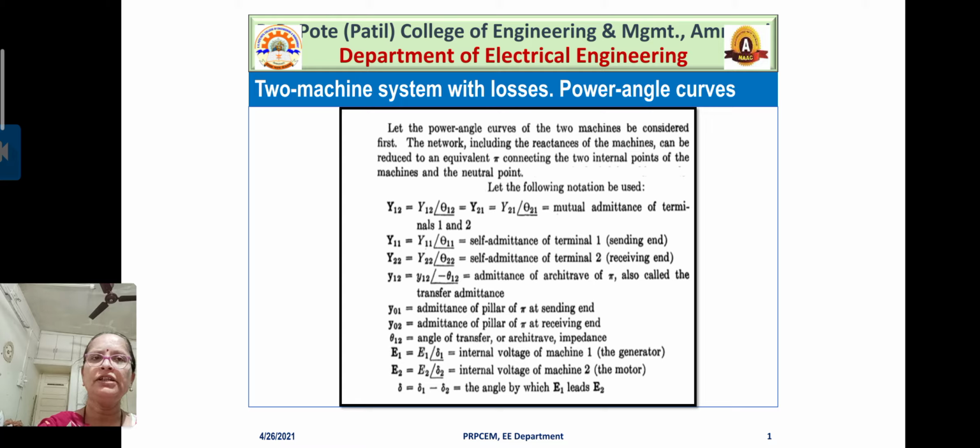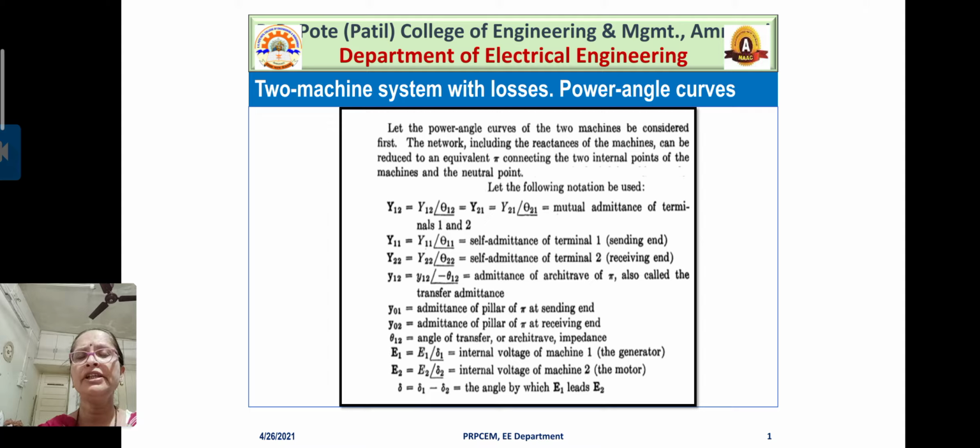Let the power angle curves of the two machine system be considered first. The network including the reactances of the machines can be reduced to an equivalent pi connecting the two internal points of the machines and a neutral point. Let the following notation be used.